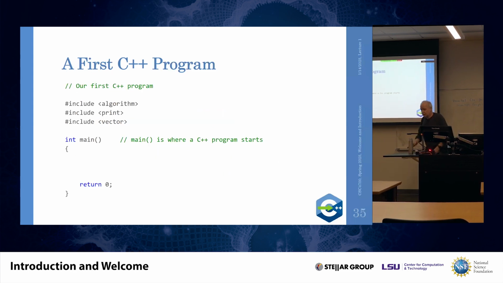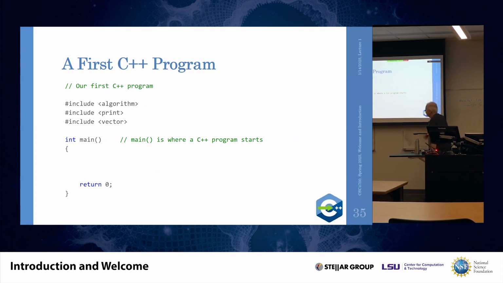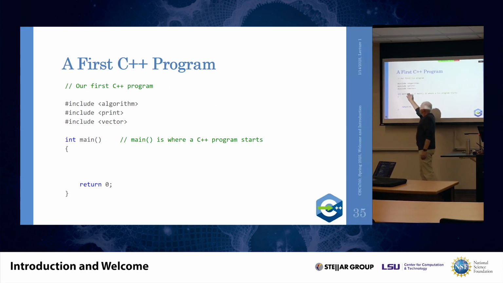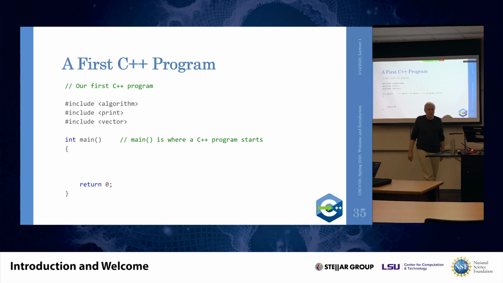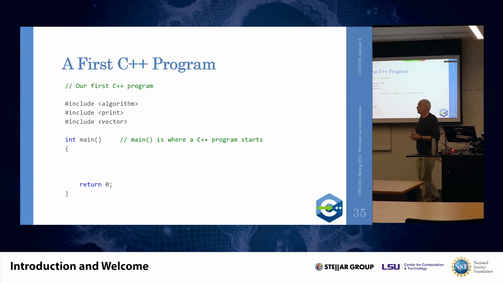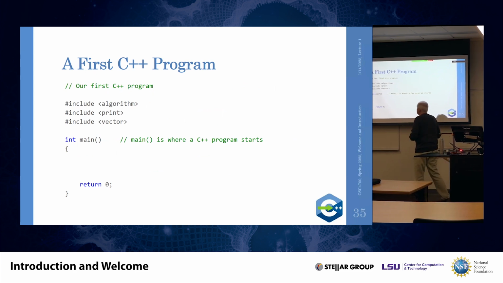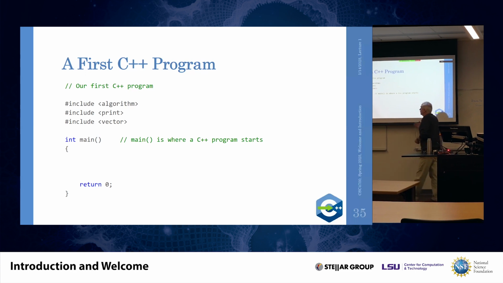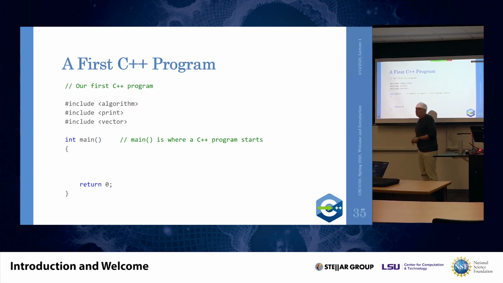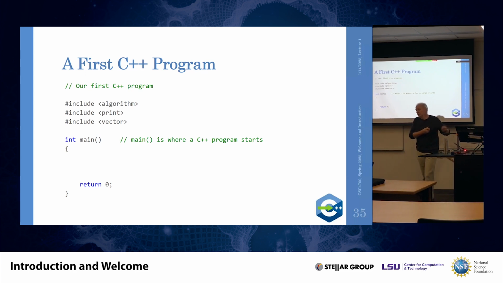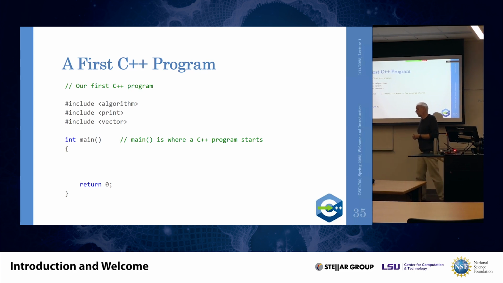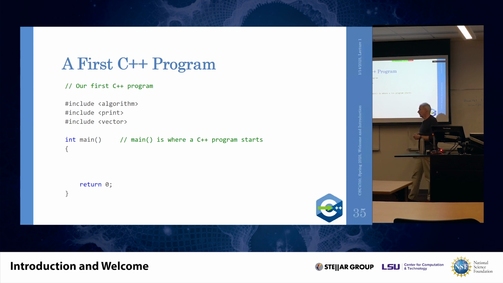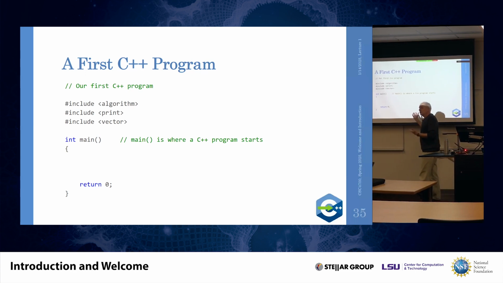So let's look at a small C++ program, just to get started, to get an impression. Every C++ program has to have one function which is called main. It's where the code starts to run when you launch your program. So main is where things start running. It returns an integer value, usually signaling to the environment the code was launched from, the operating system or the shell you used to launch the program, whether the execution was successful or not.